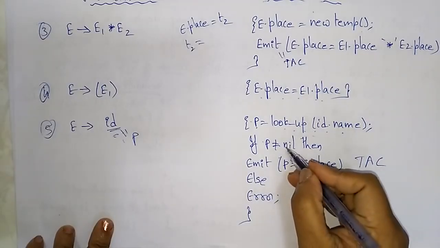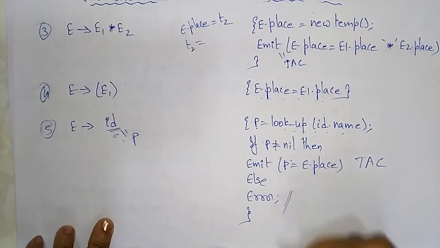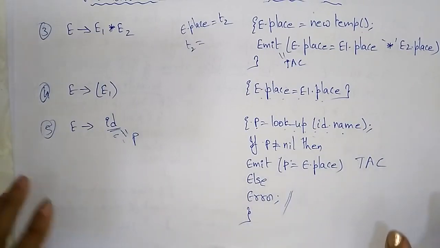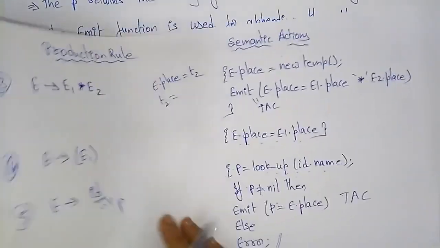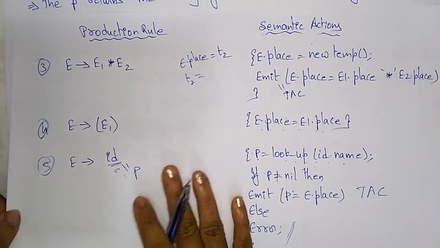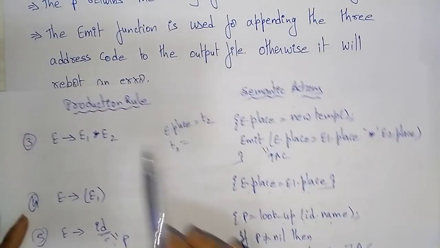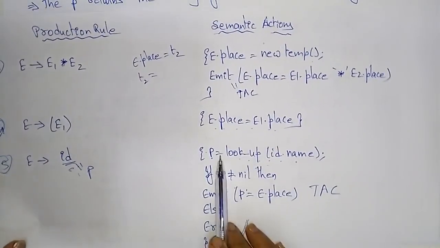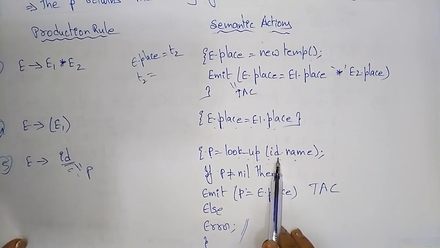Suppose P is a null value, which means id dot name is not present, then it displays an error message. These are the production rules and actions for the translation of assignment statements. Here, the P that we are taking returns the entry for id dot name in the symbol table.